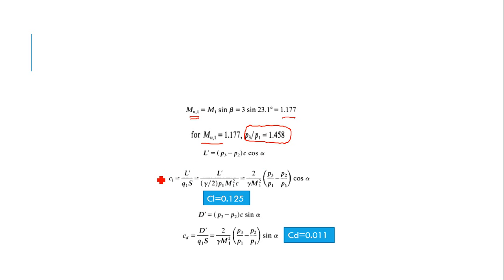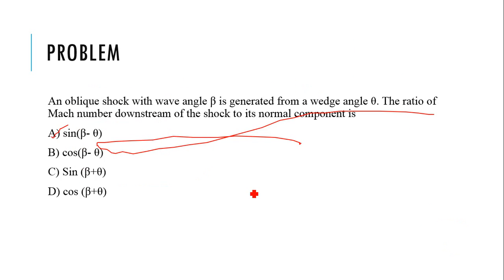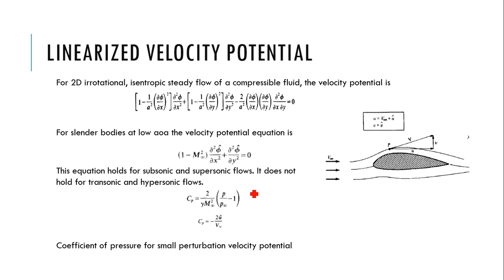We know CL equal to L divided by Q infinity into S. For Q infinity we already found that formula, gamma by 2 into, when we did CP and all.